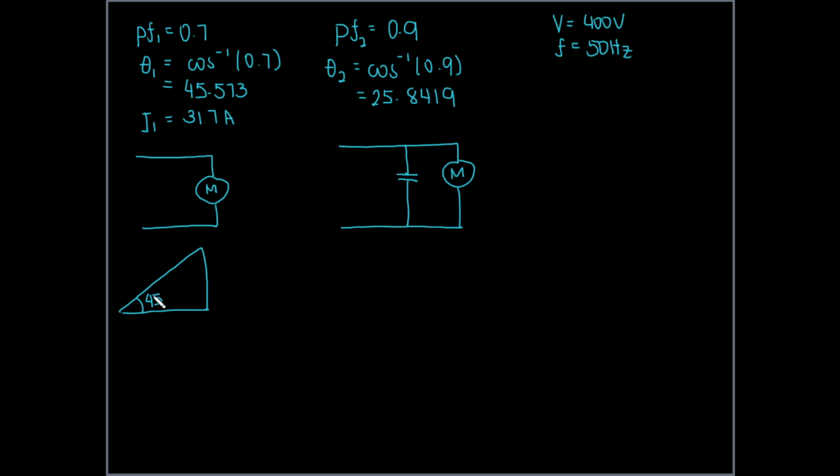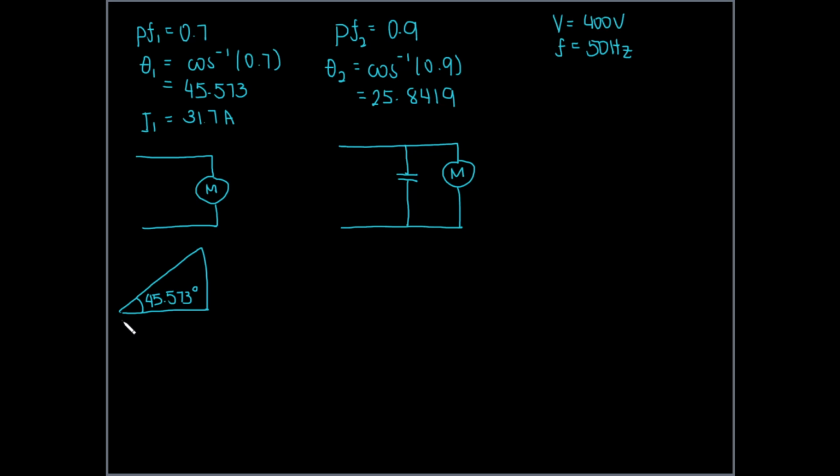What are we given? We're given the voltage, which is 400. We're also given the current, which is 31.7. We're given the power factor, which is 0.7. Of course, we can solve for the real power.